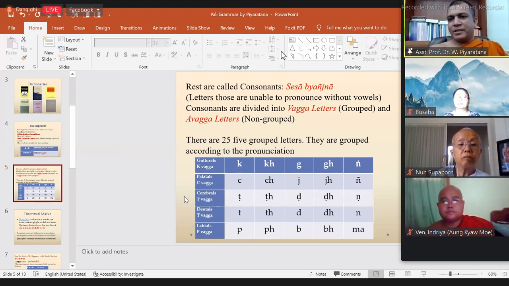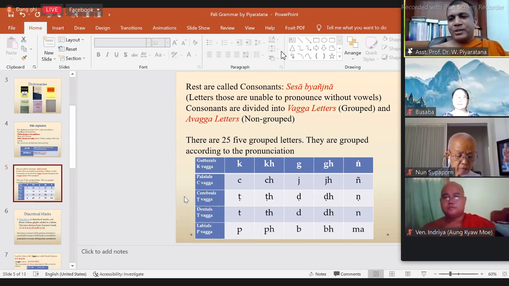So if you read ka, kha, ga, gha, nga, you take advantage of it. When you learn Thai, it is maybe like kokai, I'm not sure it is exactly the same.